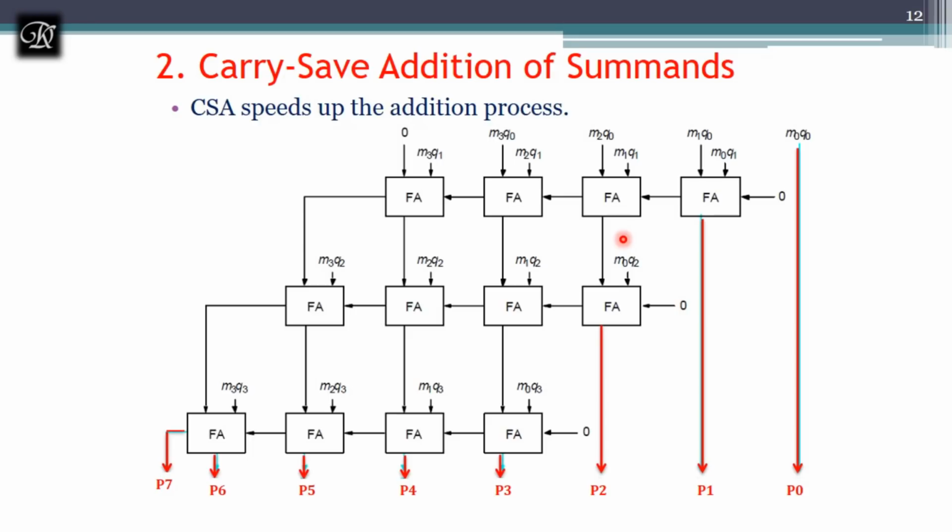In each stage we are going to get a partial product, and finally, if there is any extra carry, that will be the last. I said it is for 4 bit multiplication, so the answer should always be 2 into n bits. So if it is 4, it should be 8 bit, so it is having 8 bit.